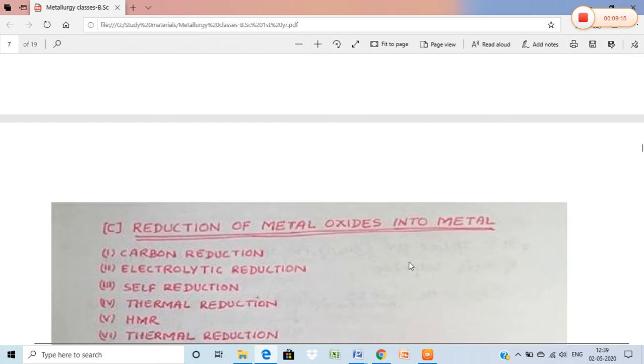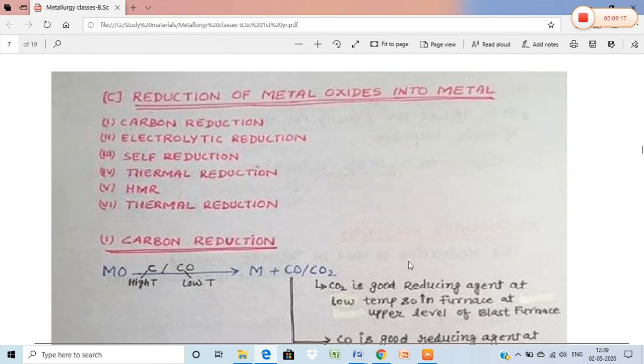Now after getting the metal oxides, we reduce the metal oxide into the metal form. This is the third step which we follow in the metallurgy process. Processes such as carbon reduction, electrolytic reduction, self reduction, thermite reduction, and so on are used for the reduction of metal oxide to metals.